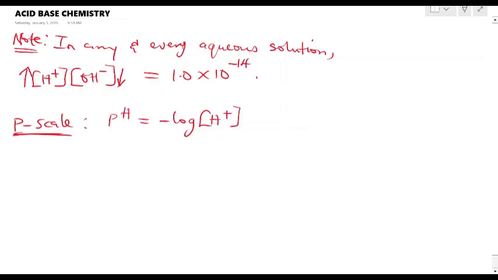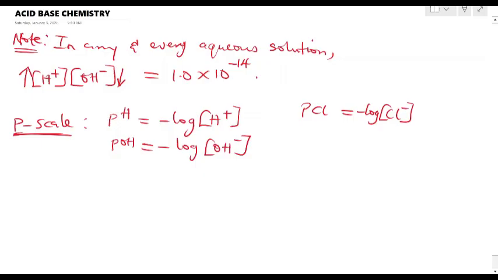You can also have the pOH, and this will simply describe the negative logarithm of what? The hydroxide ion concentration. And you can also have the pCl, which also describes the negative logarithm of the chloride ion concentration.